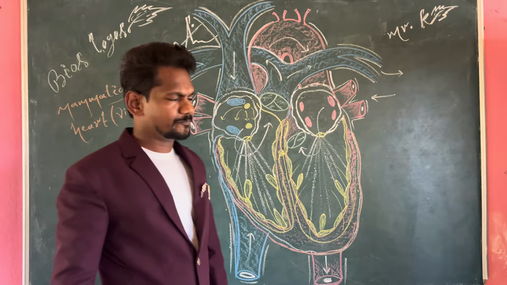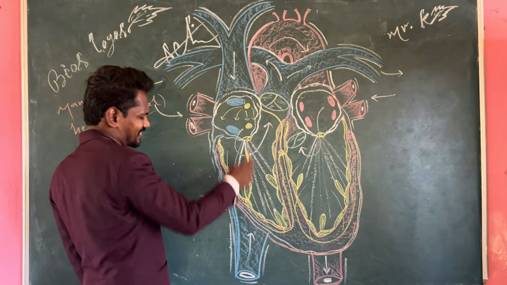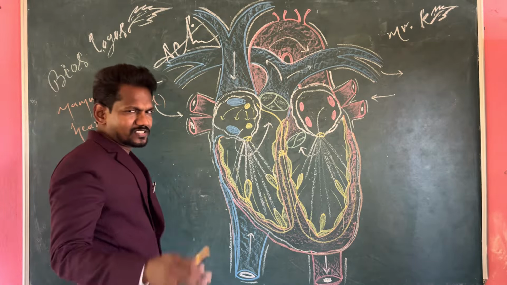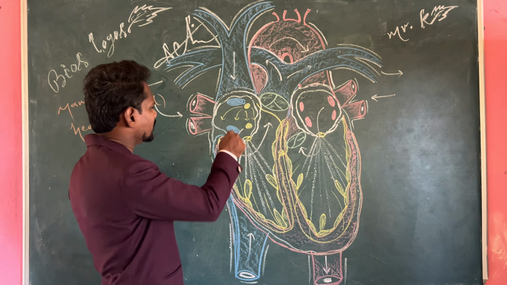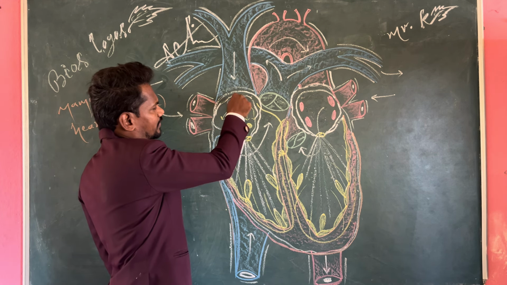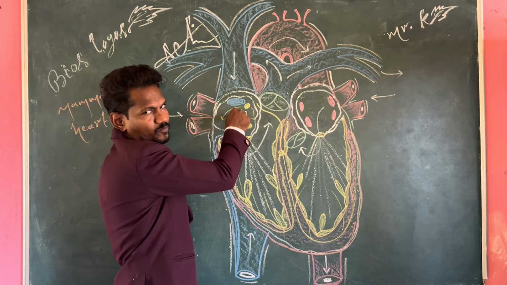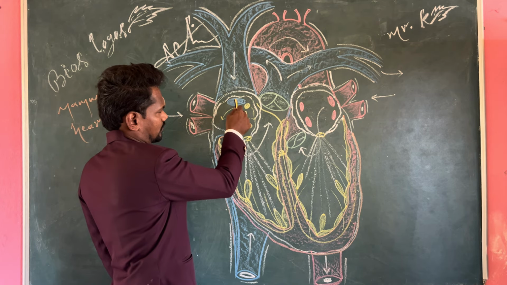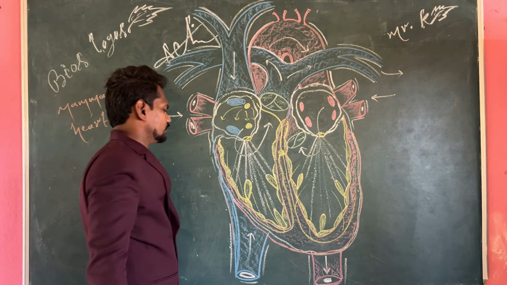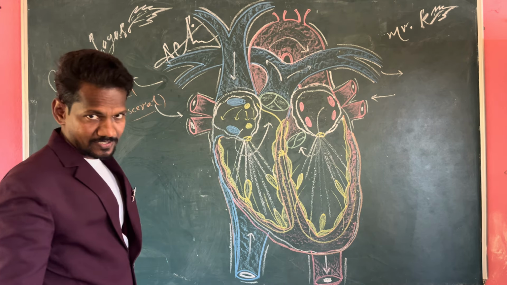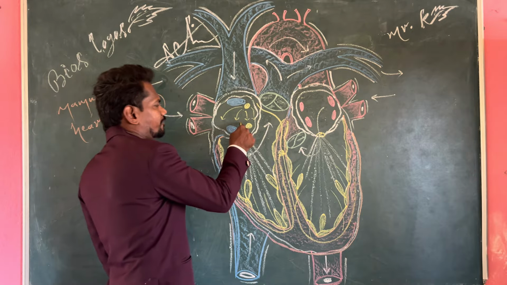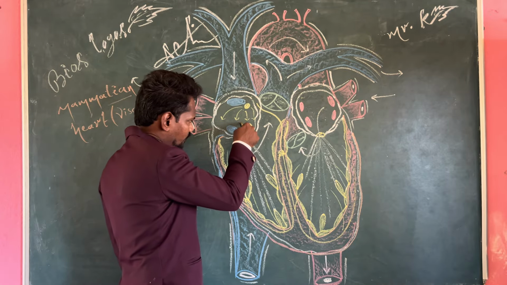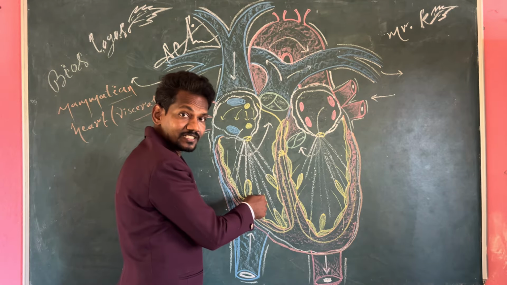of the body. Both of them receive carbon dioxide rich blood, and it is pumped into the chamber known as the right atrium or auricle. So these are the openings of these largest veins. The blood from the right auricle is passed to the right ventricle.